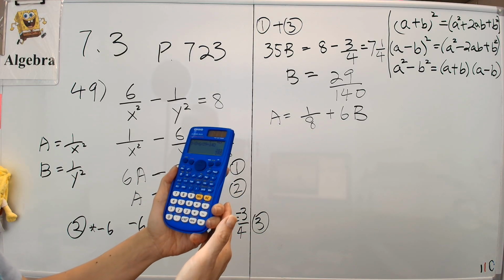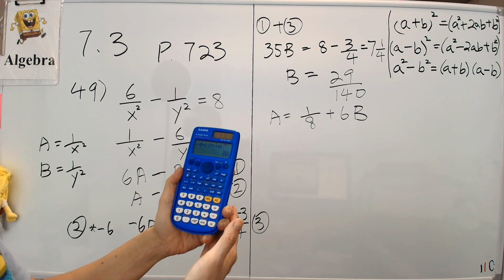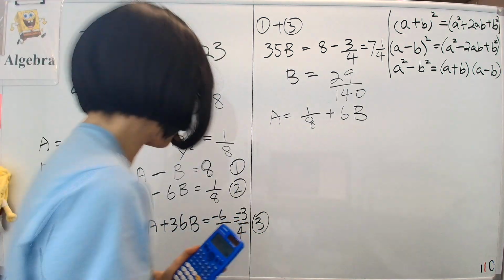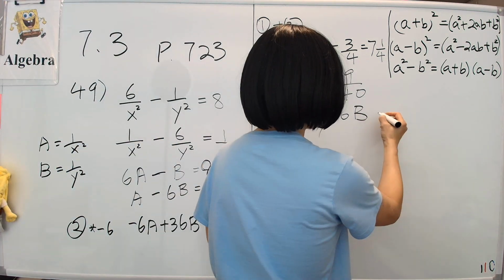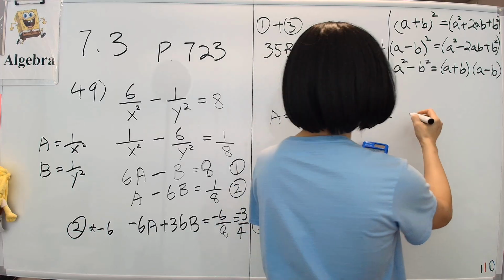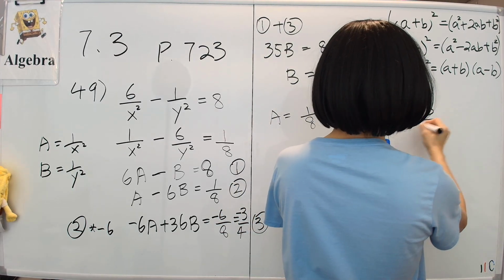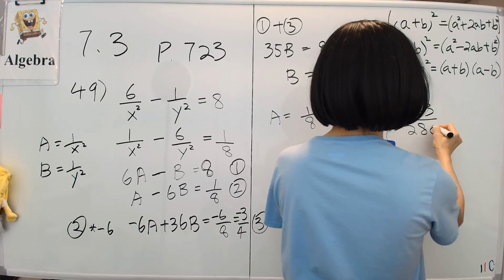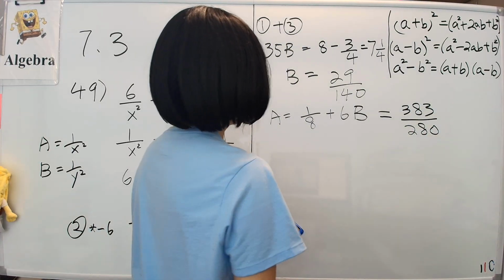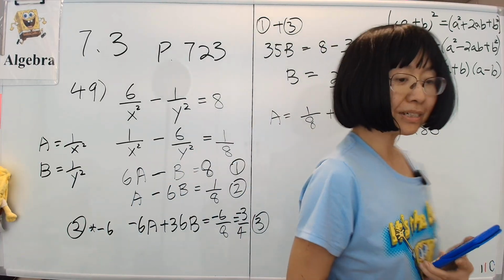That would be equal to 383 over 280. Like I said, this is not going to look as pretty as I hoped. 383 divided by 280. Great. All right. So that is our partial answer.